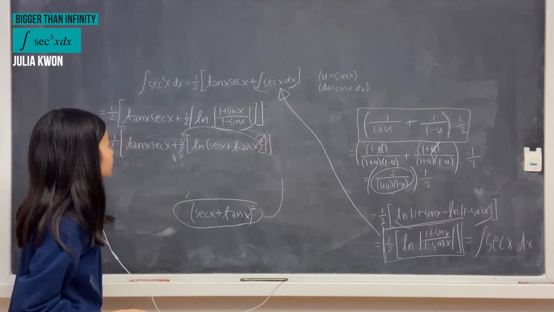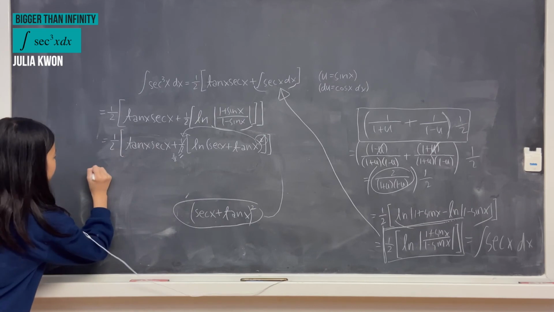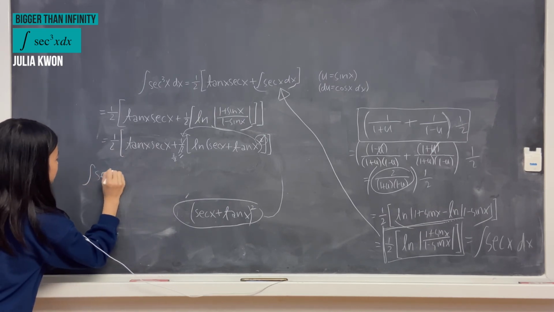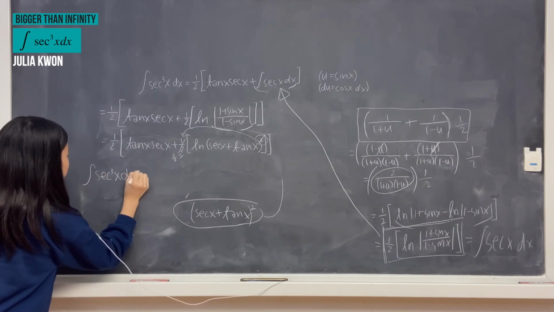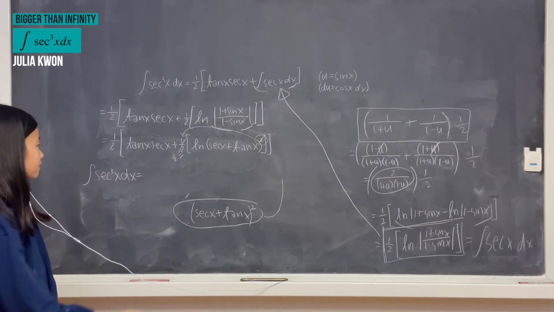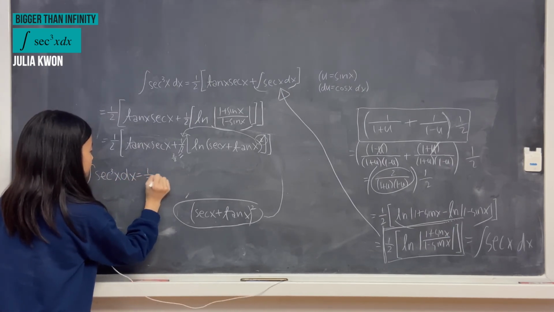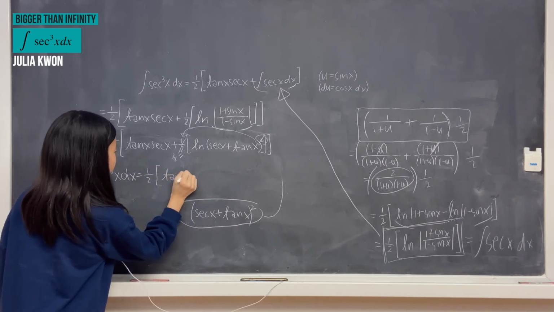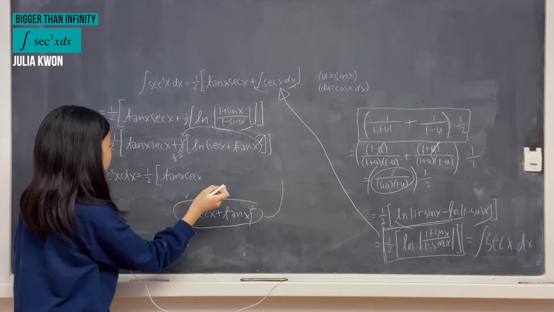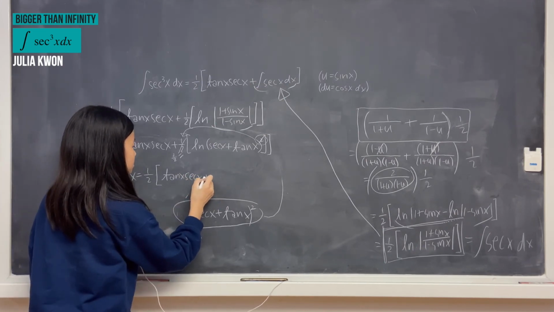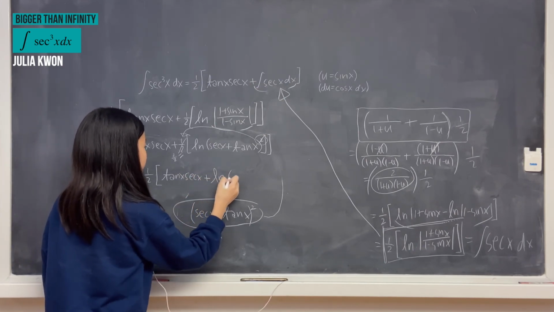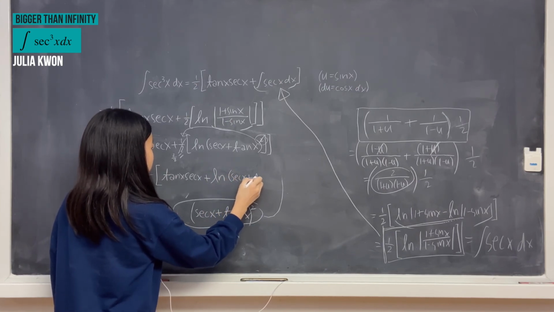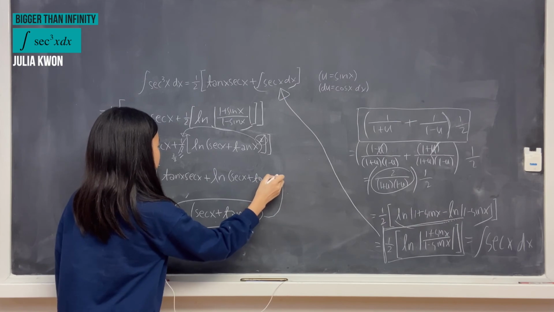And for the final answer of the integral of secant cubed x dx, we would get 1/2 times tangent x and secant x plus ln secant x plus tangent x.